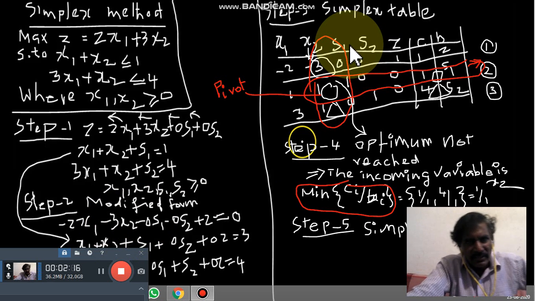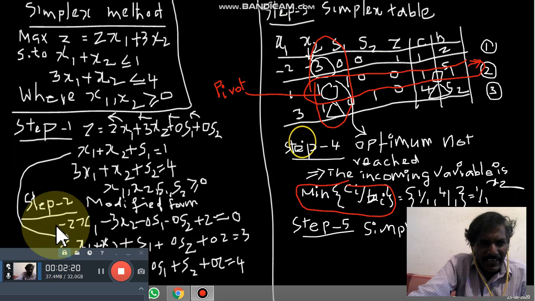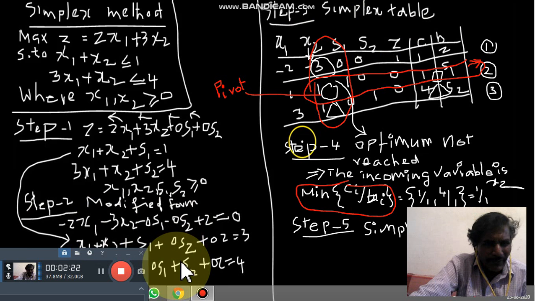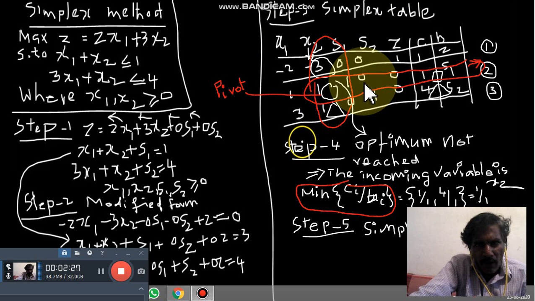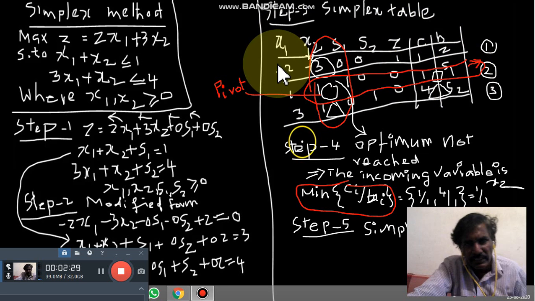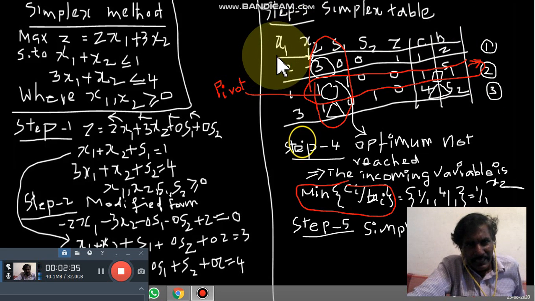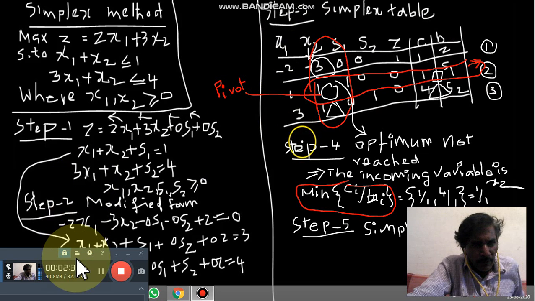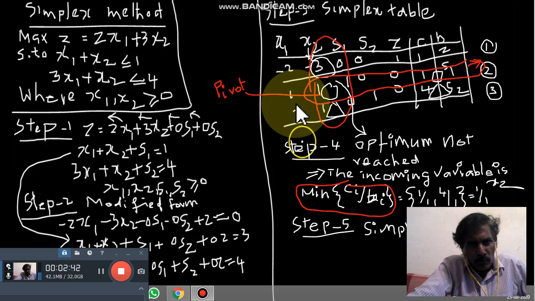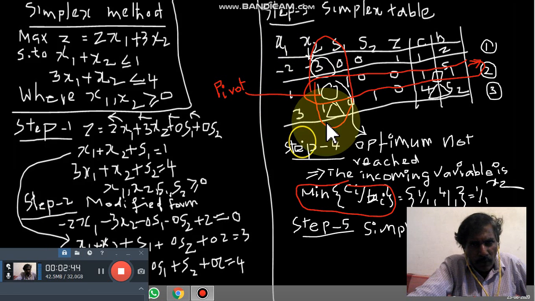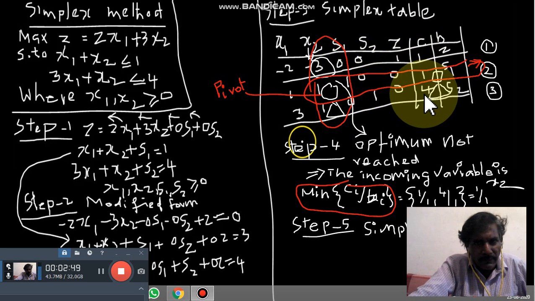The next step is the simplex table. The simplex table is nothing but all the variables involved in these equations are written at the top. Then a table follows, see on the screen. Under those particular variables, the coefficients are written there: minus 2, 1, 3, minus 3, 1, 1, 0, 1, 0, 0, 0, 1, 1, 0, 0, 1, 1, 4.